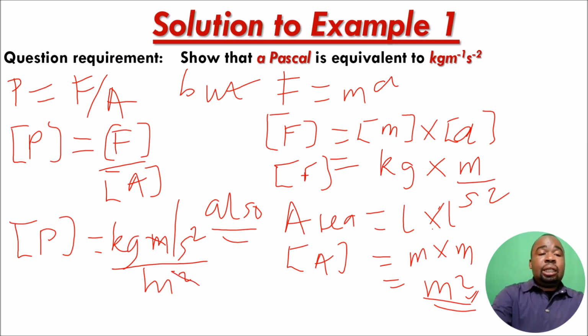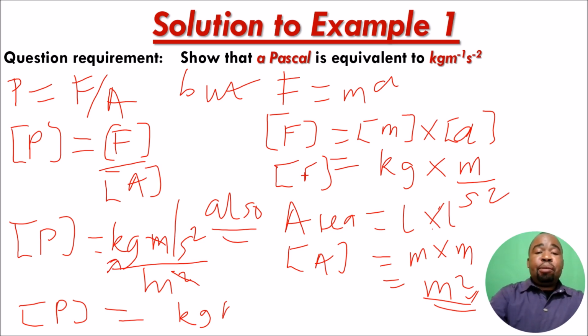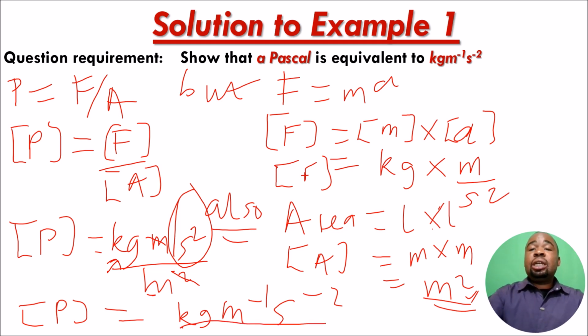What remains is the units of pressure are kilogram, this kilogram which remained up there, per meter, this meter which remained as a denominator, per square second, this per square second over here. So with this, we can safely say the Pascal is a kilogram per meter per square second.